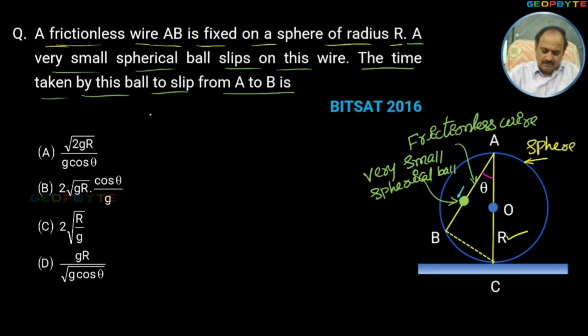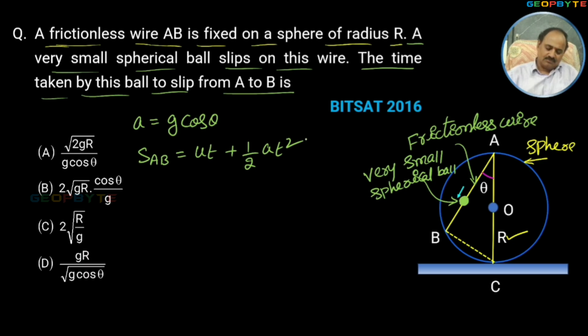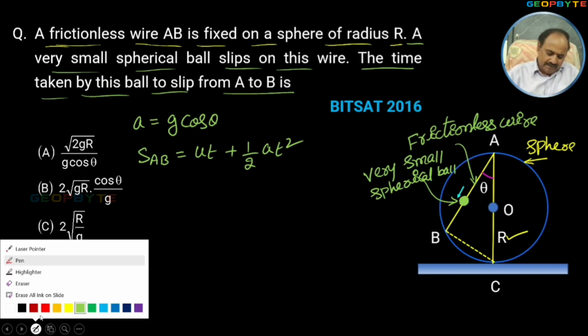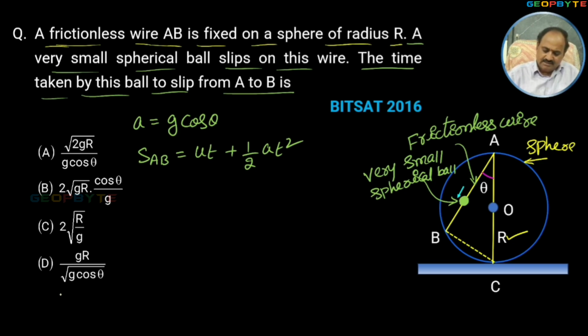Okay, for that, you know, the acceleration of the ball along the AB equals g cos theta. Then the distance traveled by the ball from A to B equals ut plus half a t square, one of the equations of motion. But it is slipping down, which means initial velocity u equals 0.